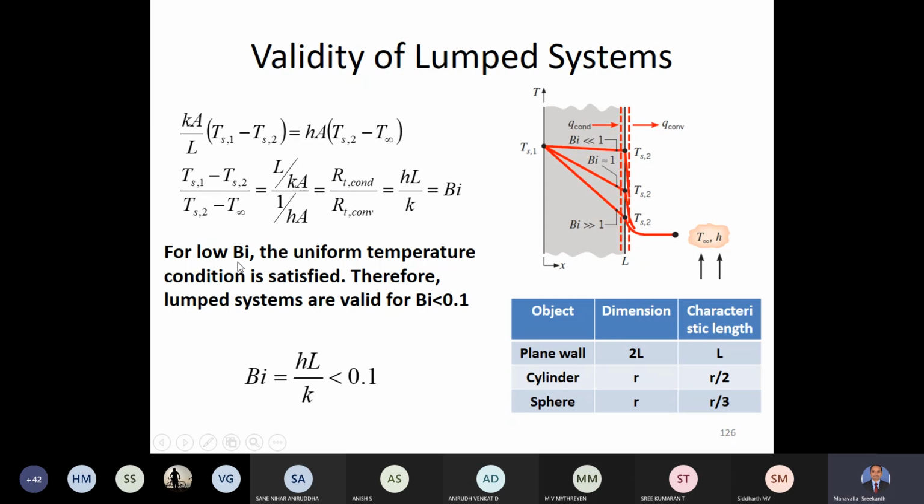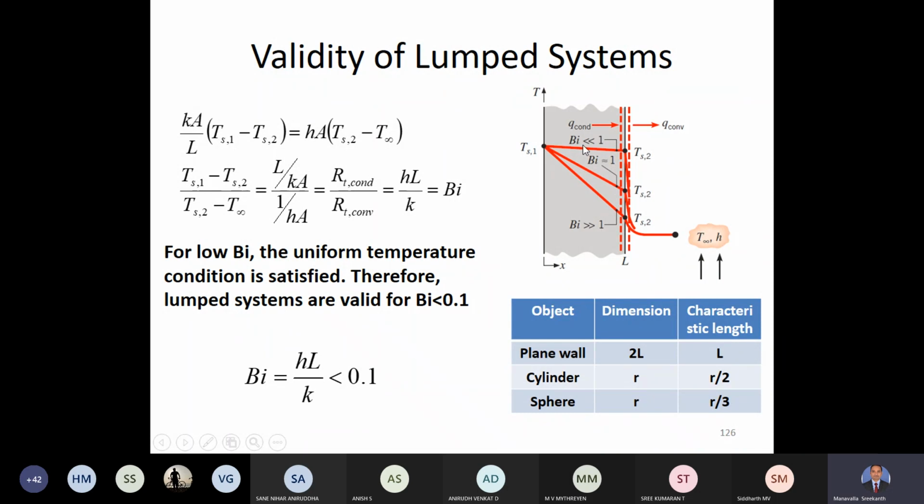Now for low Biot numbers, the uniform temperature condition is satisfied. If the Biot number is a large number, much greater than 1, then TS1 and TS2 are quite different. If the Biot number is equal to 1, the difference between TS1 and TS2 is reducing.